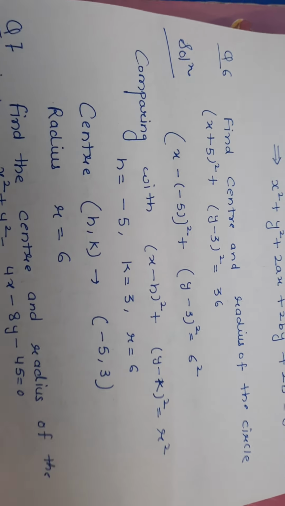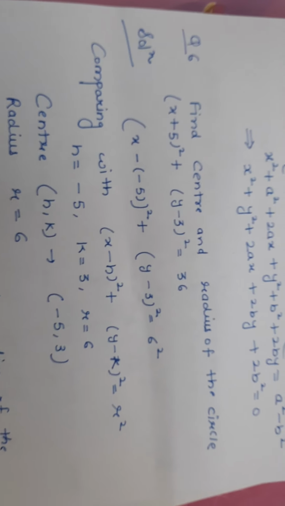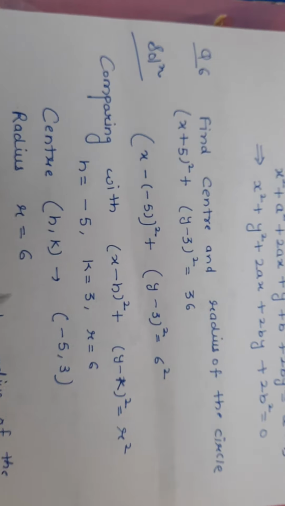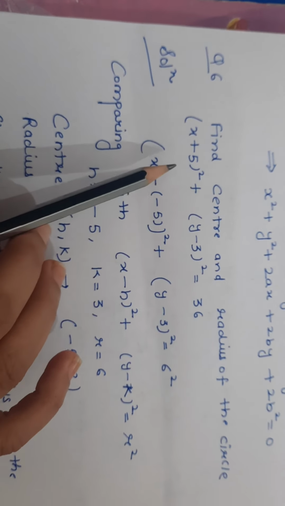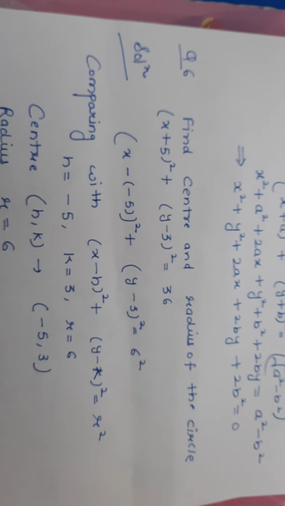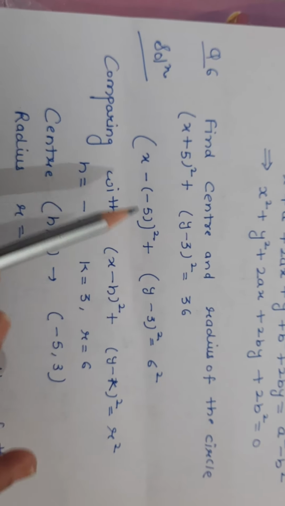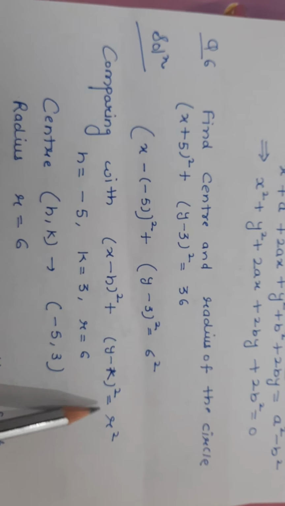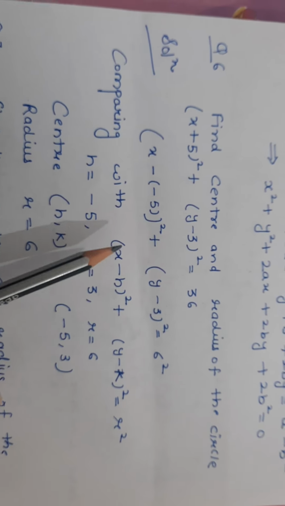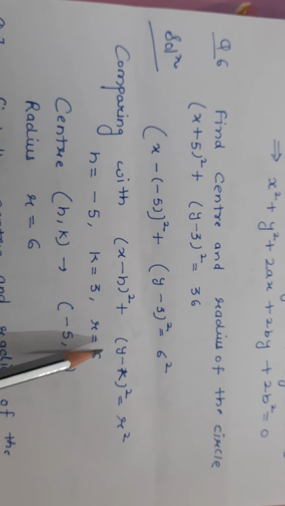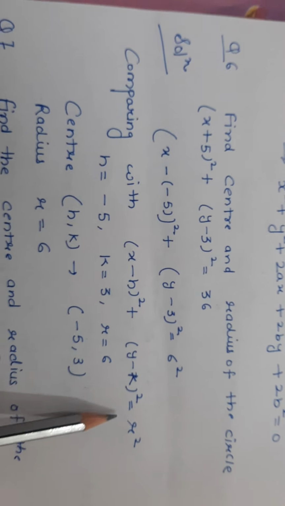Question number 6. Find the center and the radius of this circle. The circle is (x + 5)² + (y − 3)² = 36. So you can compare this with the equation (x − h)² + (y − k)² = r².